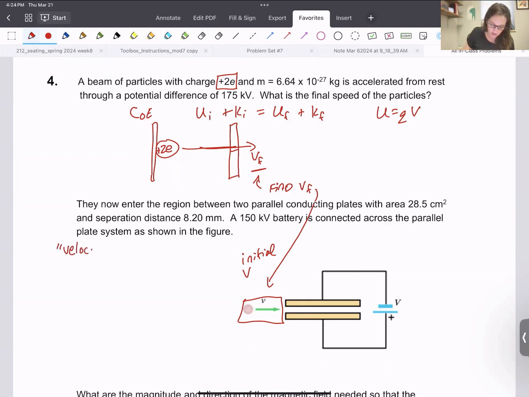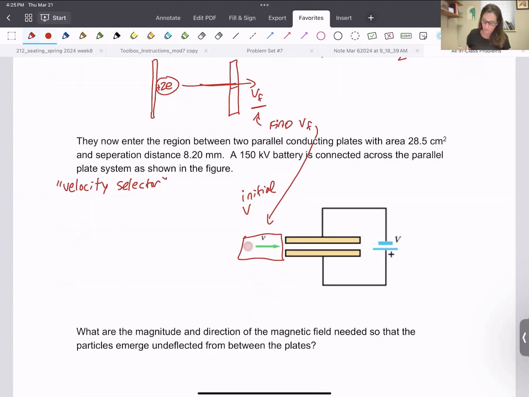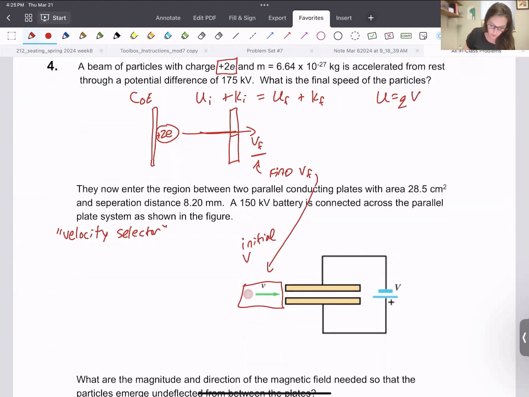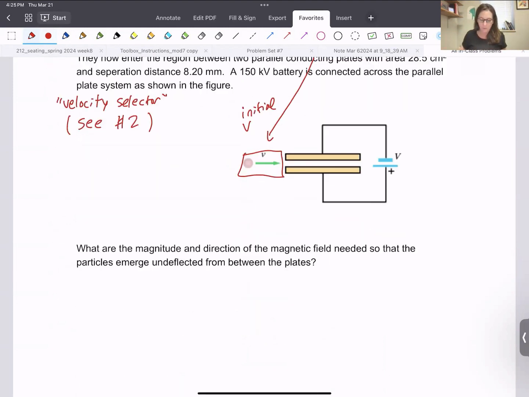So this part here, where we say that we want to have the magnetic field so the particles emerge undeflected. I want you to go ahead and refer back to C number 2 from class that we had done in order to remember what we talked about with that velocity selector. Okay, so that'll help you with 4.